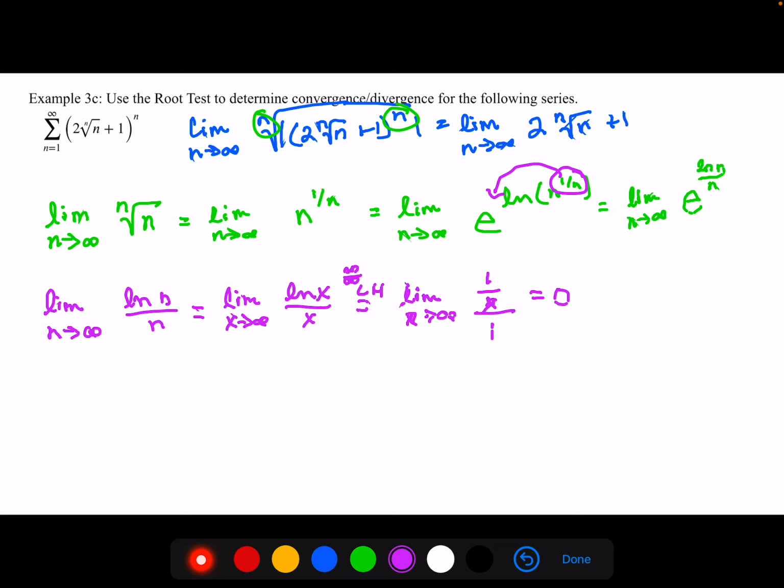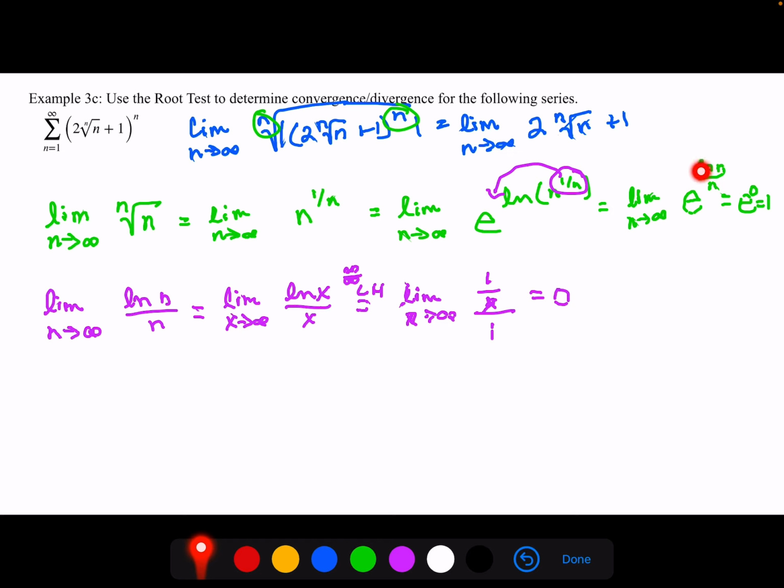Now we can look at our limit that we have expressed in green. So this equals e to the 0 power, which is 1. That is, the limit as n tends to infinity of the nth root of n is equal to 1.